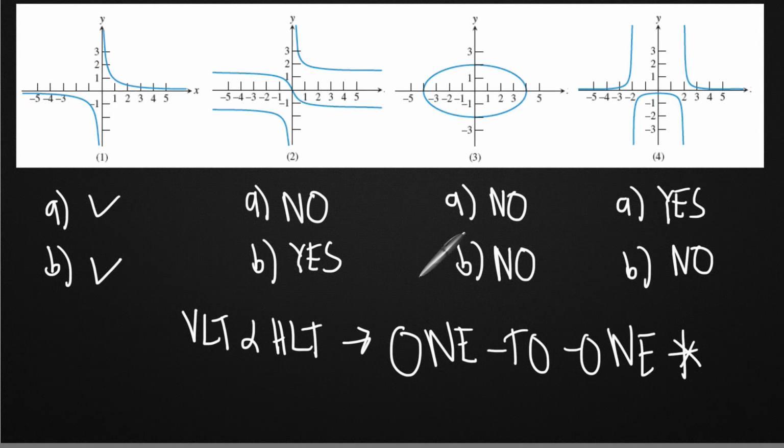A one-to-one function is a special type of function that passes the vertical line test and the horizontal line test. Let's look at an example. Here, it passes the vertical and the horizontal, so this is a special type of function called a one-to-one. Here, this is a function because it does pass the vertical line test, but it's not a one-to-one function because it does not pass both tests.